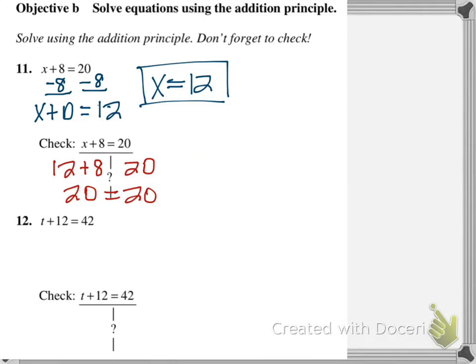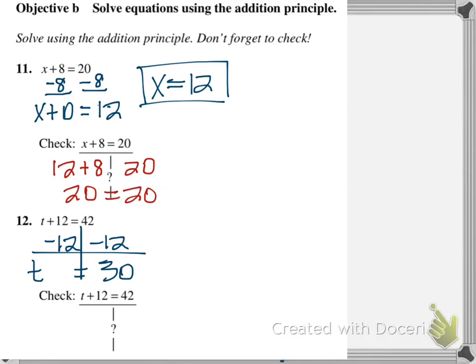So again, with this one down here on the bottom, we would just subtract 12 from both sides. And a lot of times I will draw a line down the middle where my equal sign is. And that's going to give me t. Now instead of plus 0, because 12 minus 12 is 0, I'm just going to leave it blank. So t equals 42 minus 12 is 30.